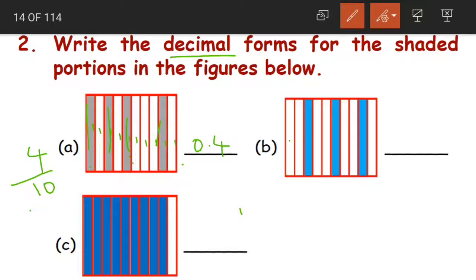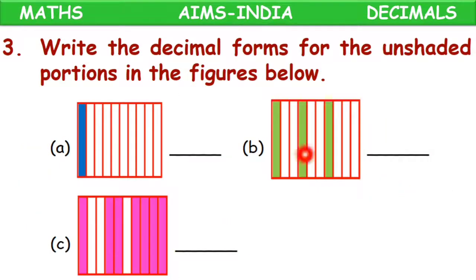Coming to question B, again 10 parts, out of which 3 are shaded. So 3 by 10 becomes 0.3. And for question C, 9 out of 10 parts are shaded. So 9 by 10 becomes 0.9.